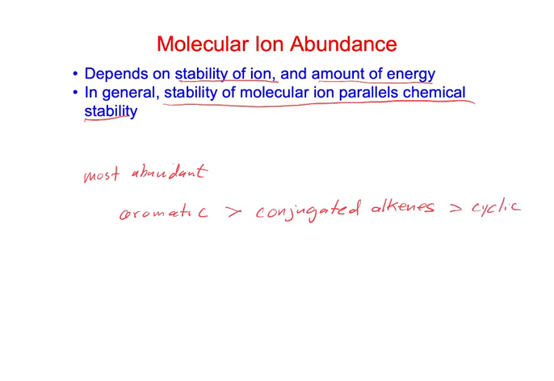Cyclic compounds might come next, just because I think it's harder to break apart. Even if you have a ring, if you cleave it once, it still has the same mass, right, until it breaks apart. And then down below this are just going to be acyclic things. So these are the most abundant molecular ions. Right, so these are going to be the ones where it's easier to see the molecular ions, right?